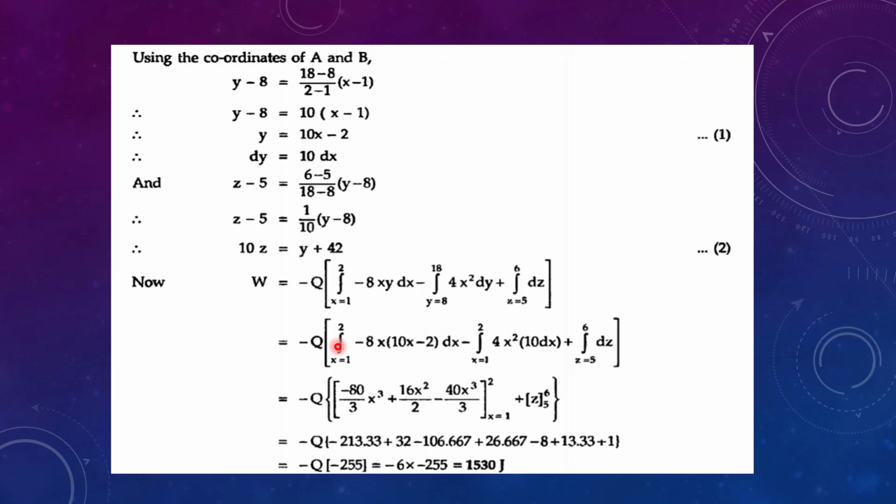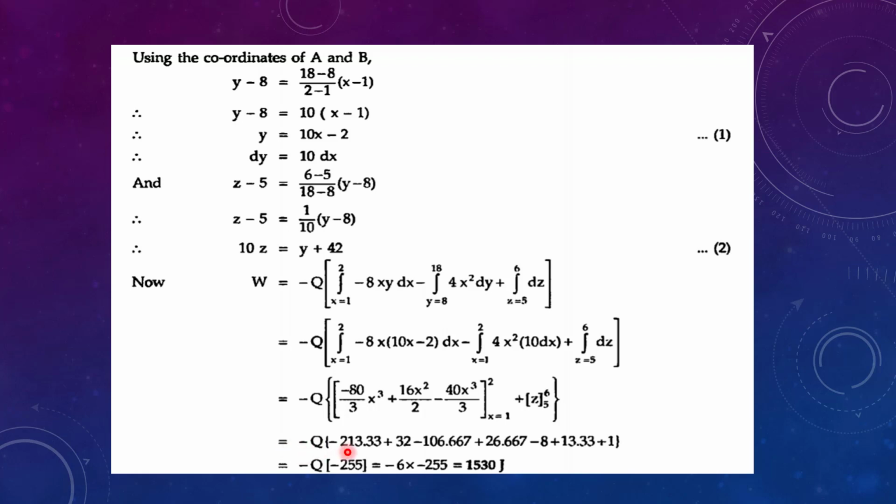Now solve this integration. You will get this bracket and find the integration of dz. It is easy to find instead of using this equation again, because there is no z present in this integration. If z was there, then we could use y or something like that, but there is no need. So what is the final equation?